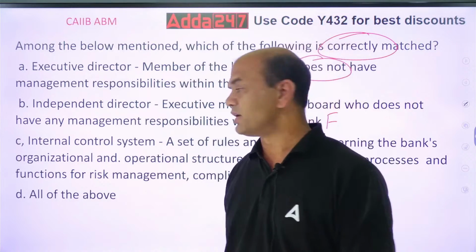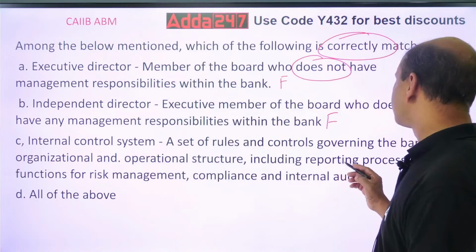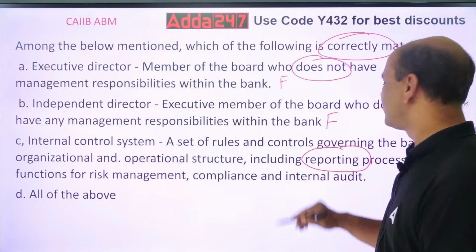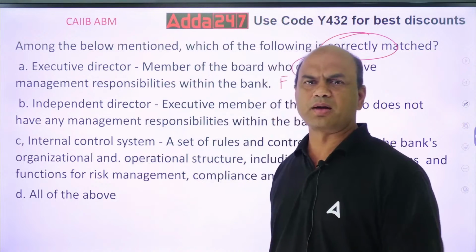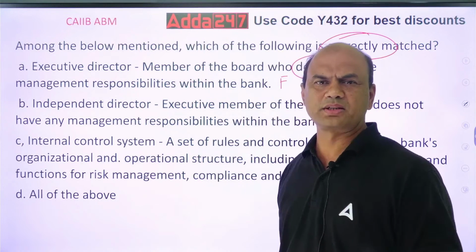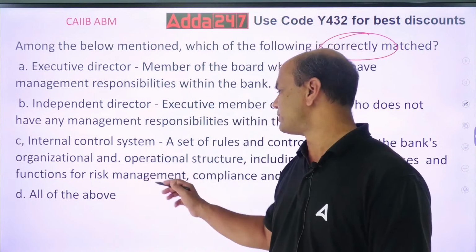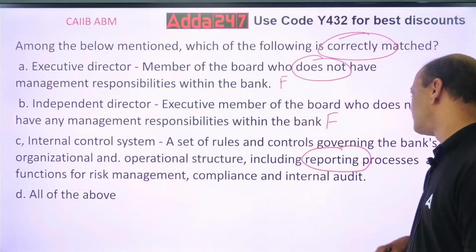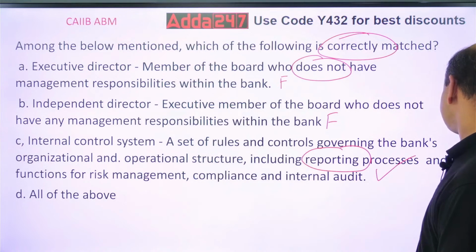Got it? So, reporting process. Nowadays, we have all these online reportings. RBI has also made online reportings under various platforms now for risk management, compliance and internal control. Okay? So, this is the true one.